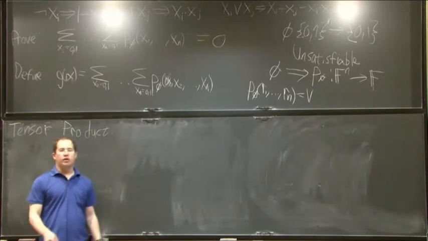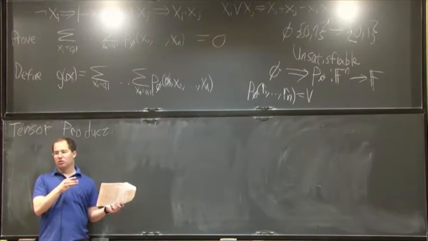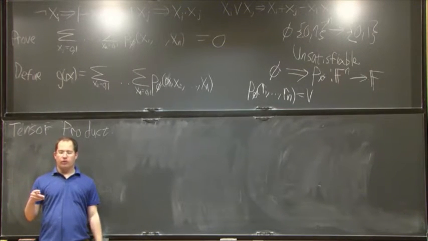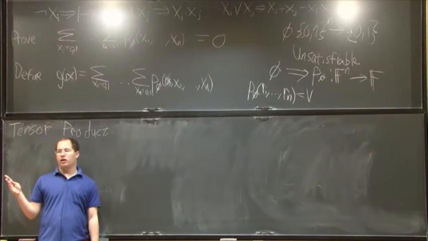In particular, if we take a univariate LDE code, say of degree d, and we take its tensor product of order m, then we get an m-variate LDE code.